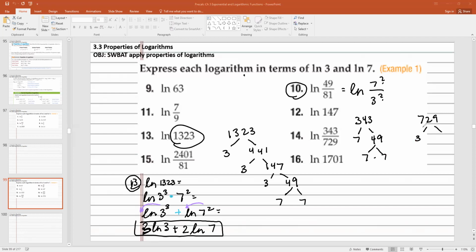And 729, let's try 3. 3 goes into 7 twice, carry the 1, 4, and 3 goes into 9, 3 times, 243. There you go. 3 goes into that 81 times, and 81 is 3 cubed.